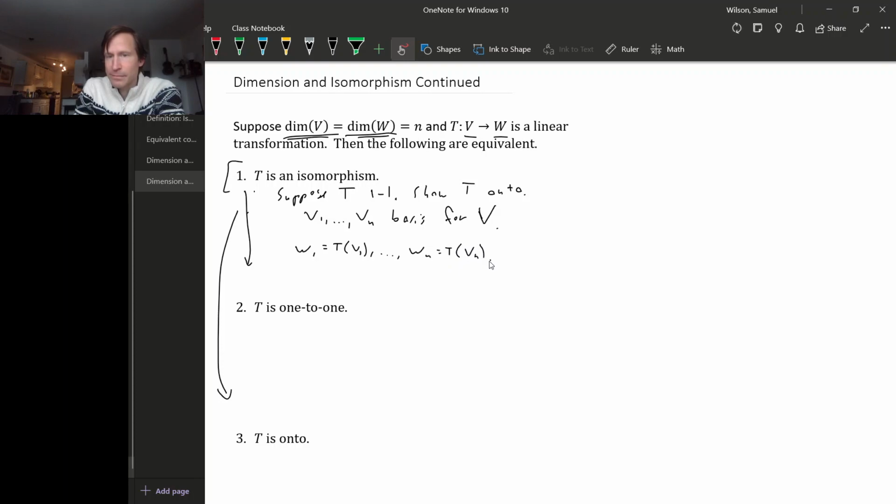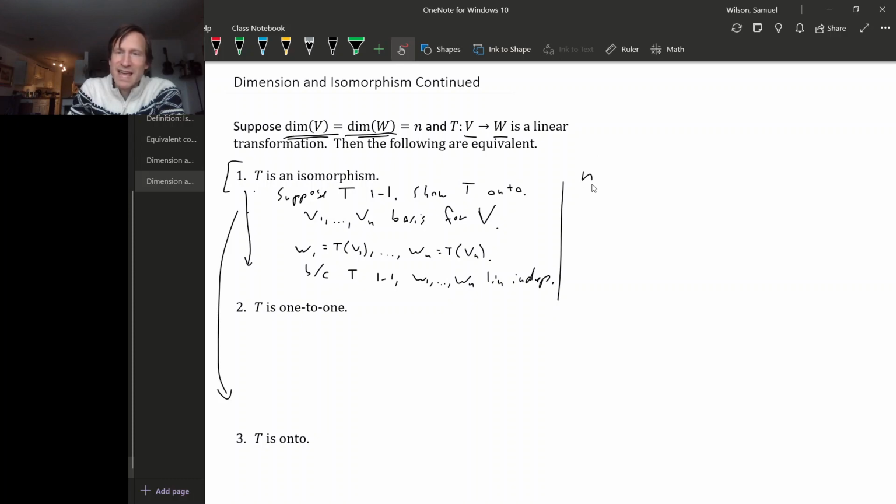Like this. Okay. Now, because T is 1-to-1, that means that our W's are linearly independent. That's a property of one-to-one linear transformations that we proved a while ago. Okay.